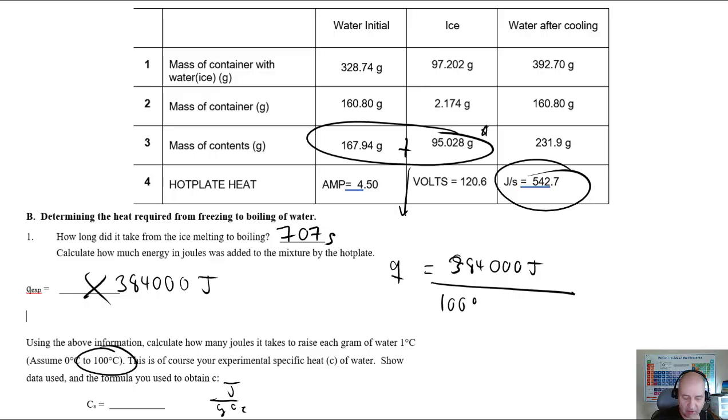So we add this together, and that gives me 262.968 grams. So I also divide by that, 262.968 grams. That gives me the specific heat. See, the units are always helping me. I need to have joules per gram per degree.